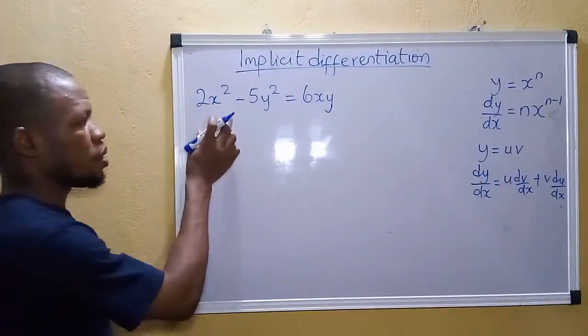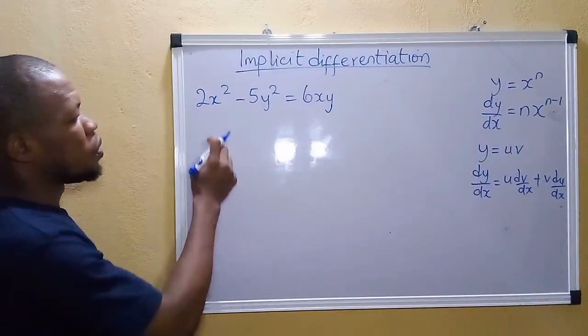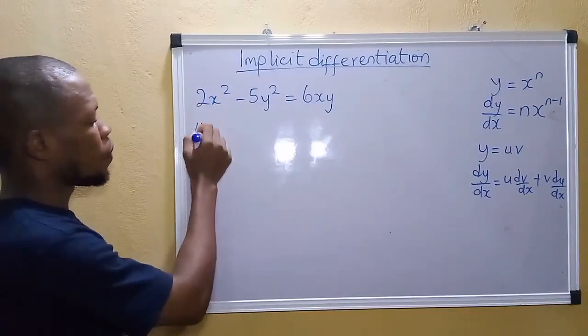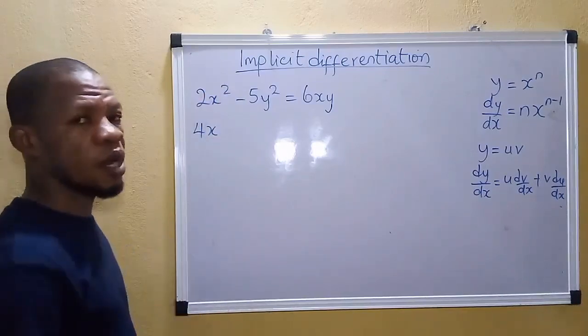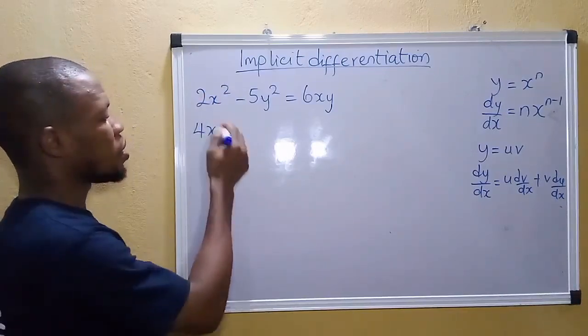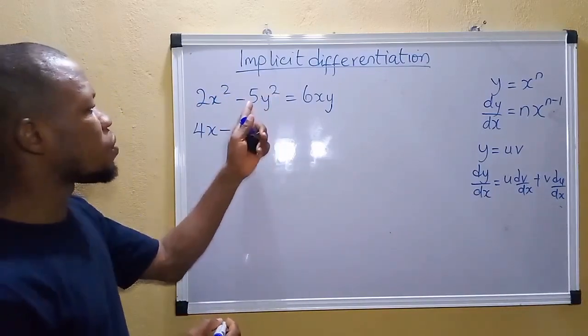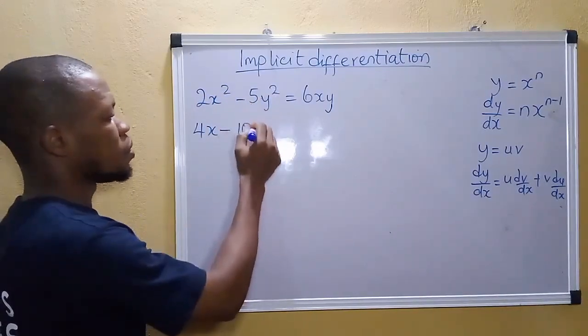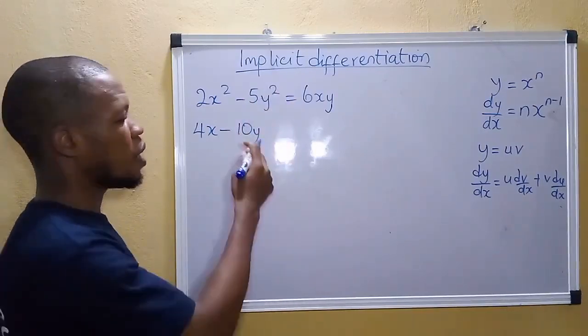Now let's start with the first thing, 2x squared. Applying the first rule, we have 2 times 2, which is 4, times x to the power 2 minus 1, which gives us 1. So x to the power 1 is x, minus 2 times 5, which is 10, y raised to the power 2 minus 1, which is still 1, so we'll have y.